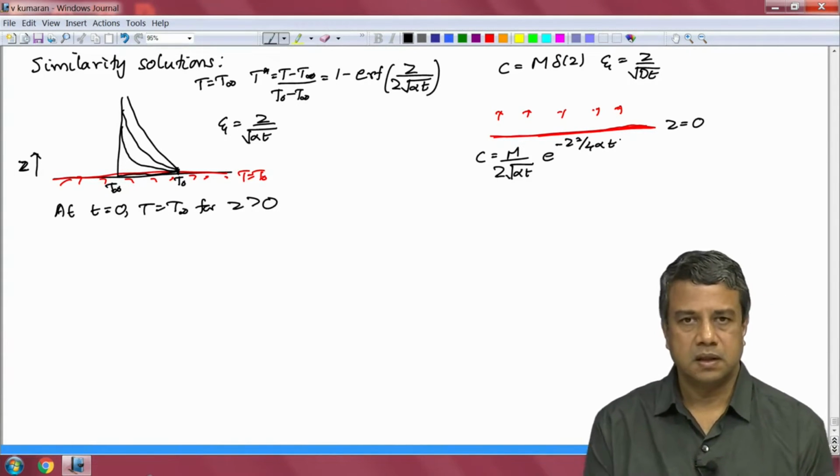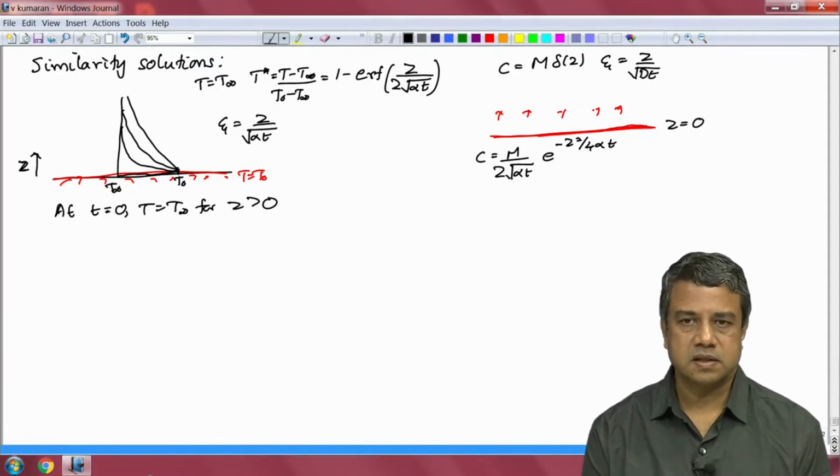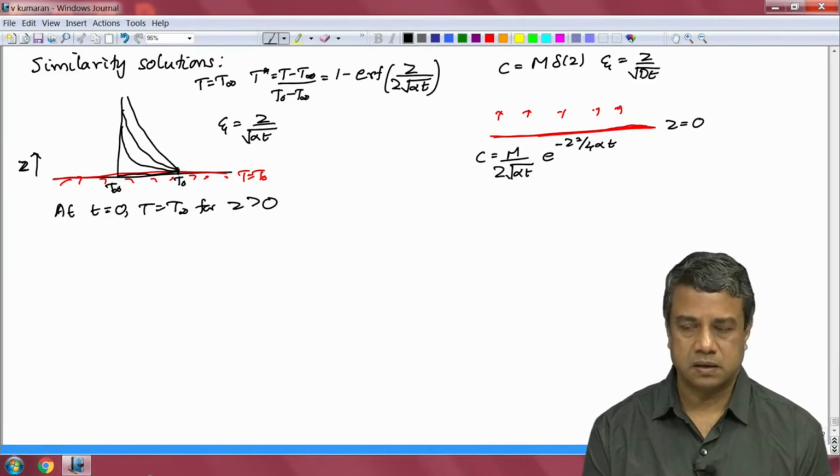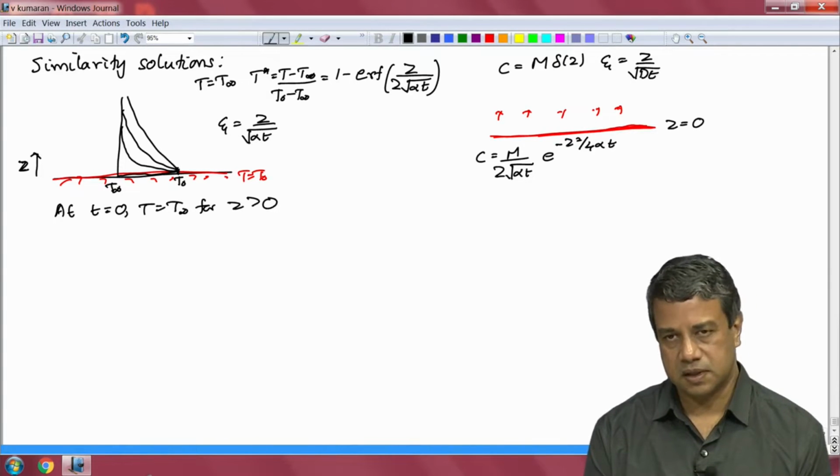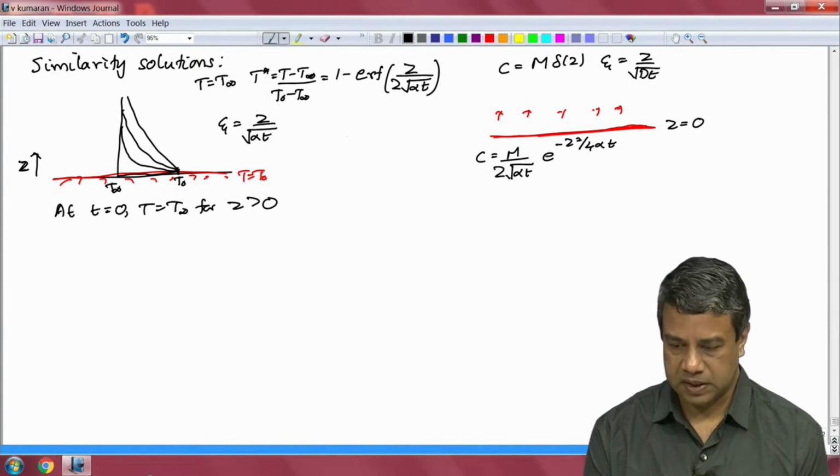In both of these instances, the diffusion was into an infinite domain. There was no length scale, and therefore we could get only one way of scaling length, and that was by a combination of the diffusivity and time. On that basis we were able to derive a similarity solution in both of these cases.